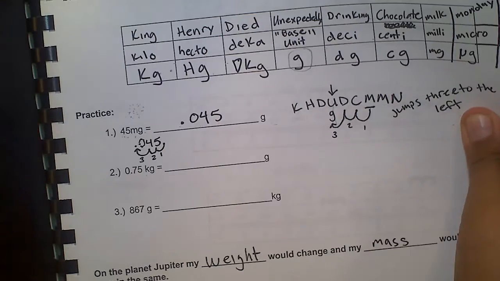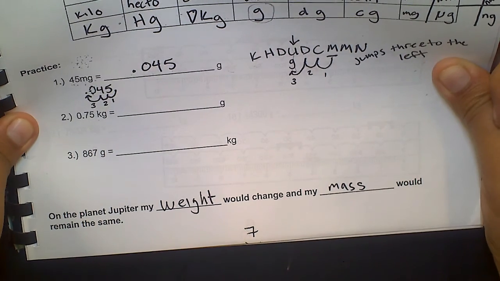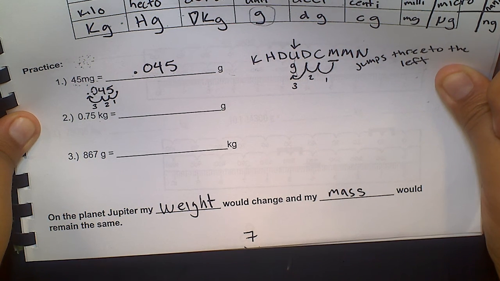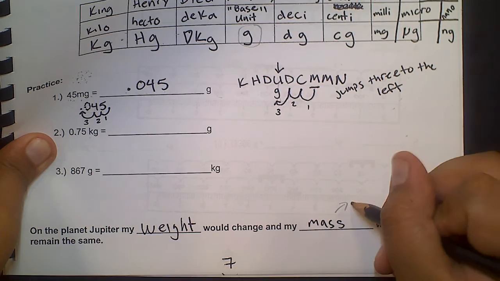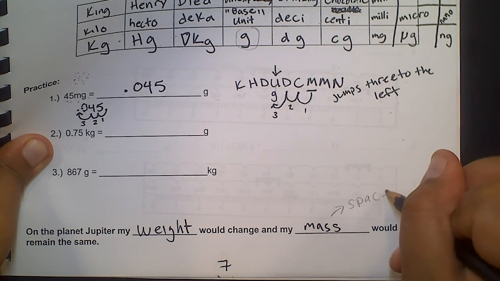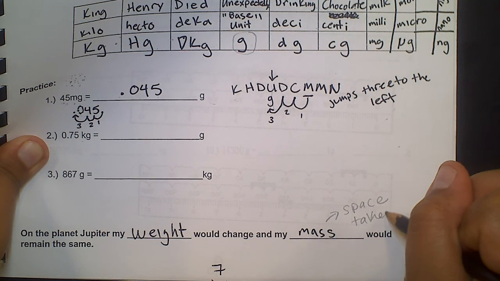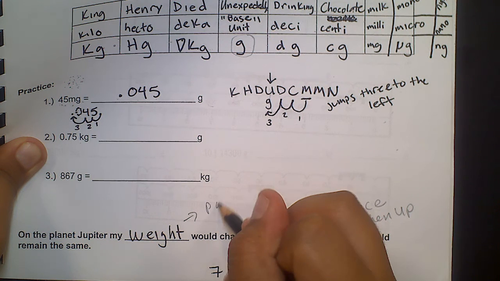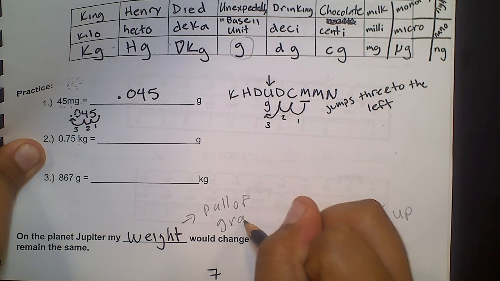And just so you have the last bit of the notes, on the very bottom it says, on the planet Jupiter, my weight would change and my mass would stay the same. Because we talked about how mass is space taken up versus weight is the pull of gravity.